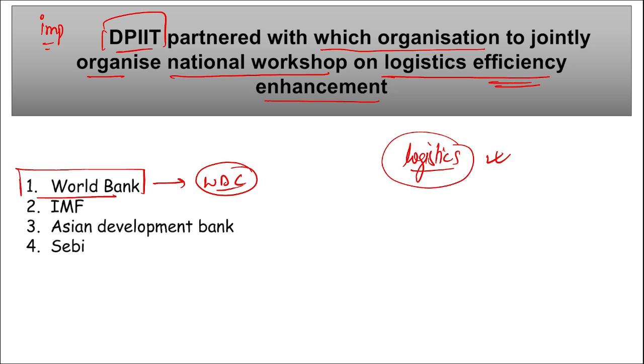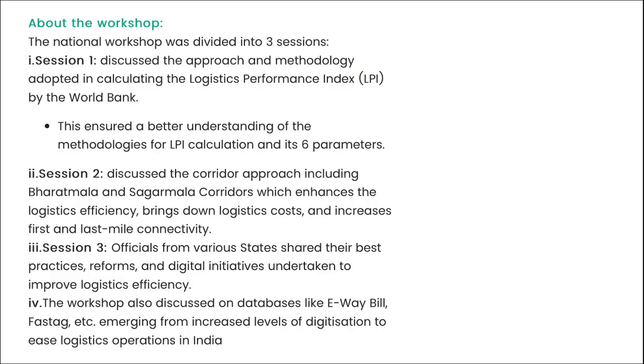This workshop brought together the logistics sector community to discuss the factors that are affecting logistic performance and to work on those factors. This national workshop was divided into 3 sessions. In session 1, they discussed the methodology adopted in calculating the logistic performance index.